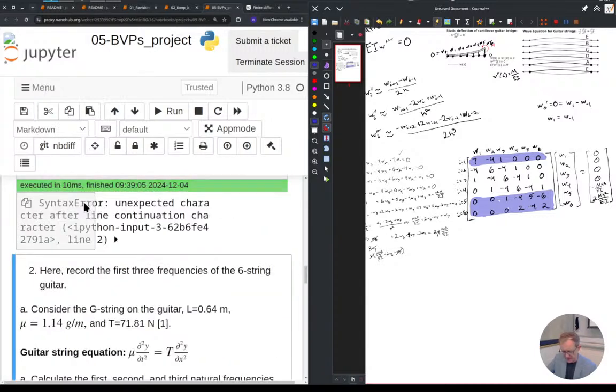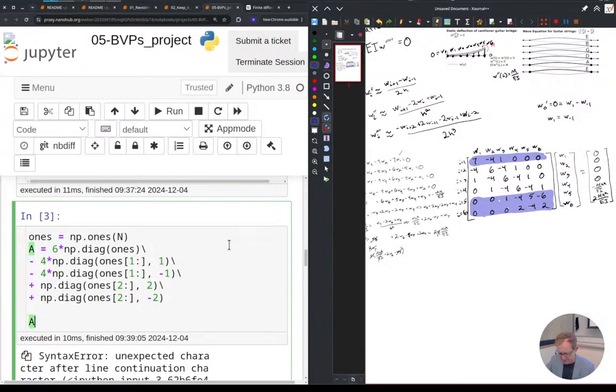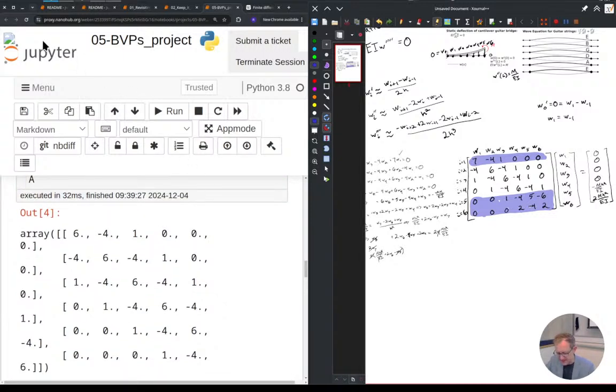Let's just take a look at the A that we have so far. We have an error that happens. It doesn't like spaces after the... Let's make this bigger.